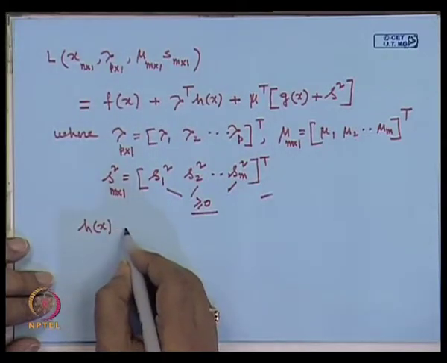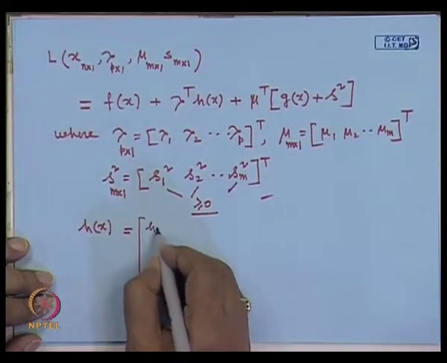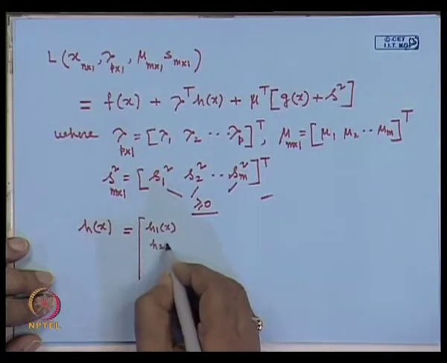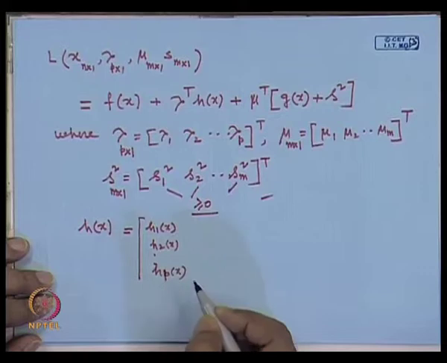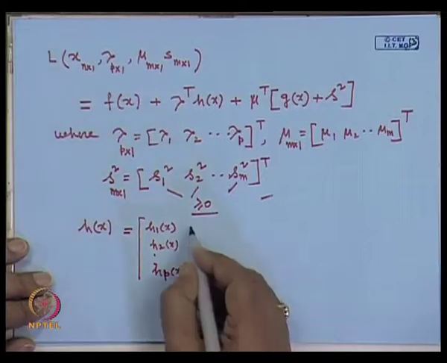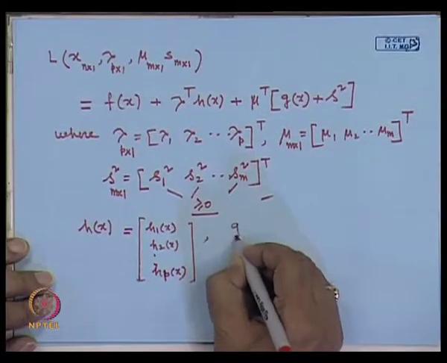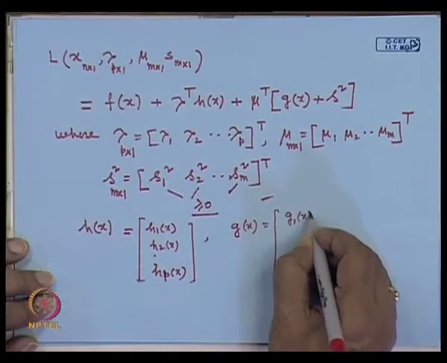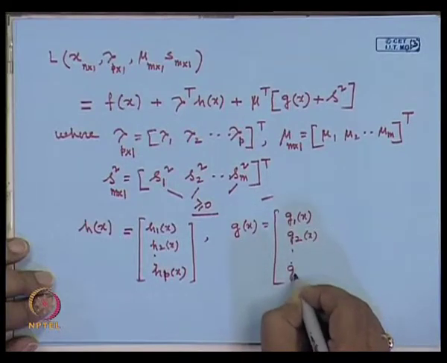So, h of x is equal to h 1 of x, h 2 of x, up to h p of x, and g of x is nothing but g 1 of x, g 2 of x, up to g m of x.